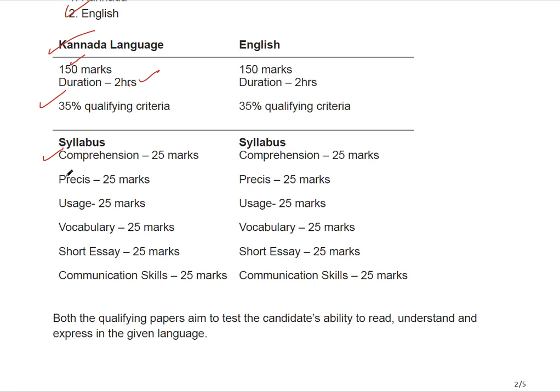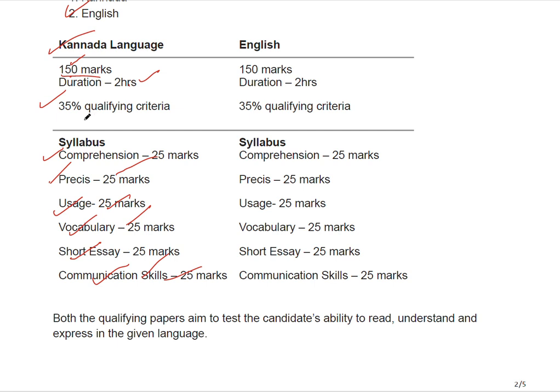They'll give you comprehension, précis writing, usage of Kannada language, vocabulary. They'll give you a short essay to check how you write your language, how your sentence formation is, and other things, grammar, communication skills. So as you can see here, 25 marks, 25, 25, 25, 25, totaling 150 marks.